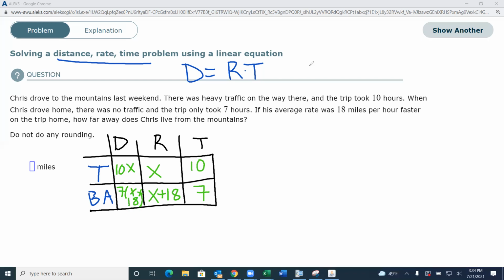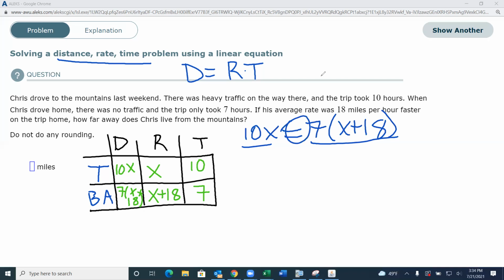So those distances are the same. So we can create an equation that equates the two of them. And then we're home free because we know the distance there and the distance back again are the same thing. So get rid of the parentheses.